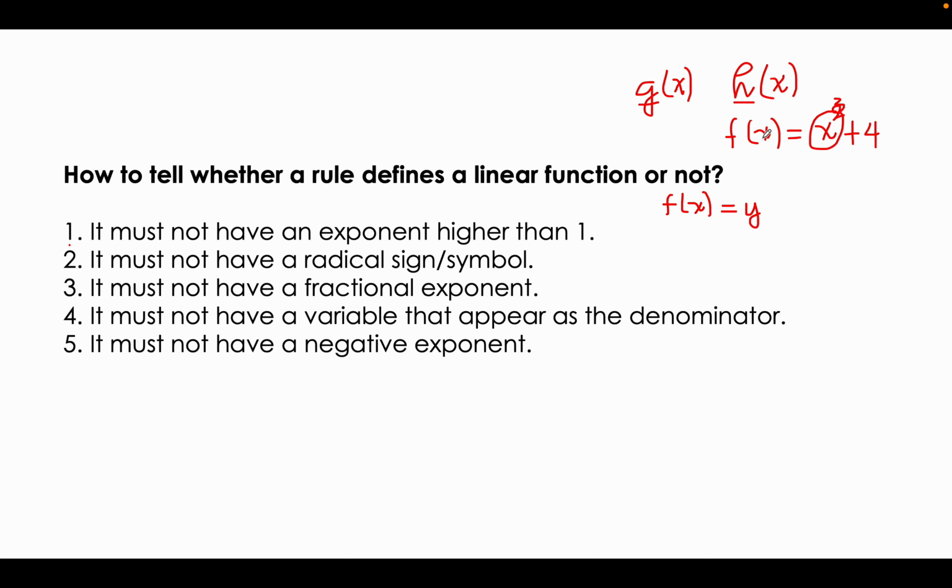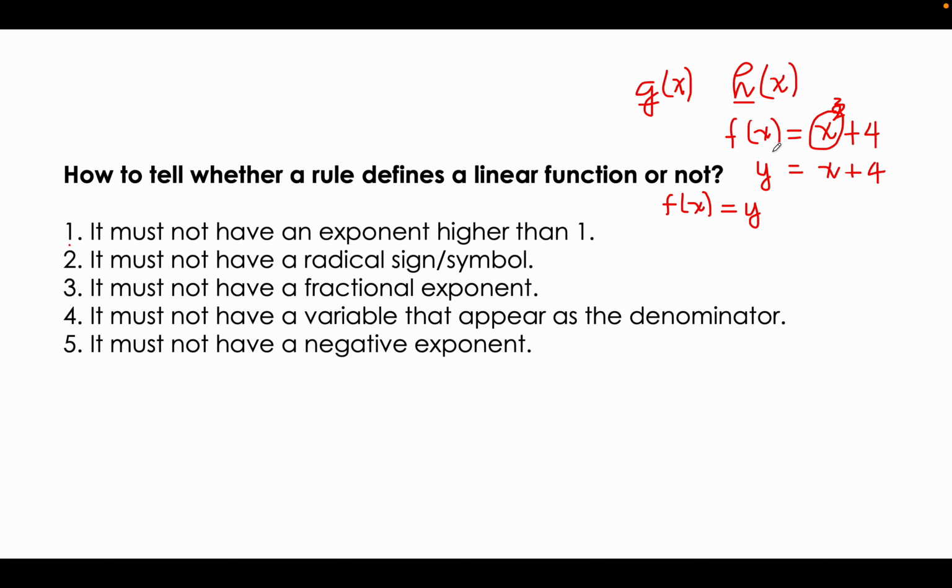For instance, since f of x is simply equal to y, so we could have y equals x plus 4. Okay? Same as well with x. So y also must not have an exponent higher than 1. So dapat the two variables must have an exponent not higher than 1.